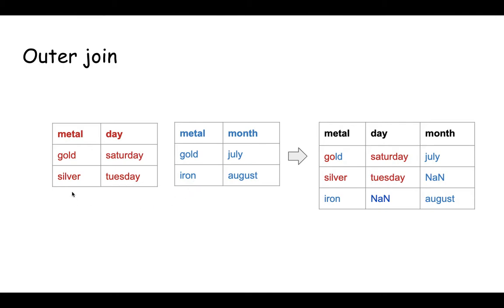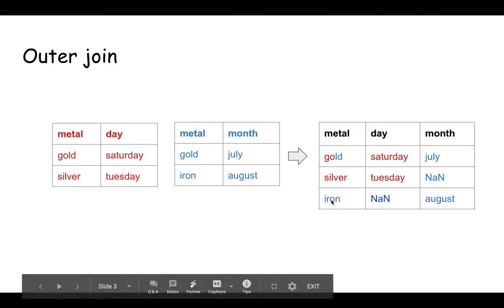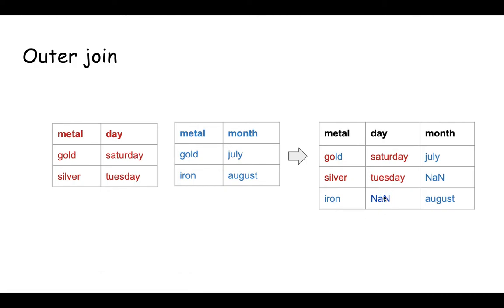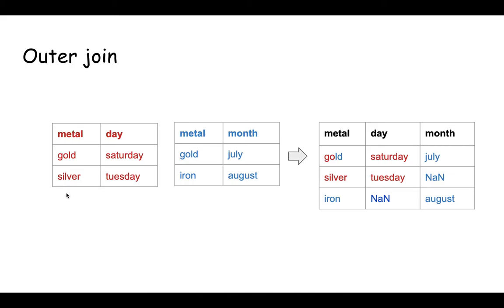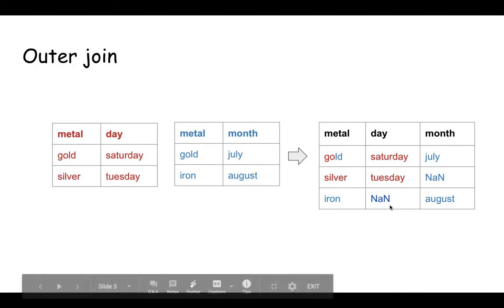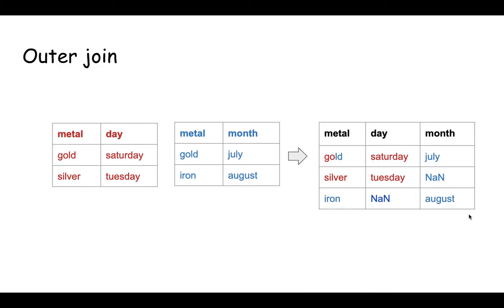However, iron is not present in the table on the left hand side, so we bring iron into the output, but for the day it's NaN because that metal is not there in the left table, and so there is no associated day value that we can put here. However, we do have the month for iron, so we put the month here, and that's the simplest way of looking at an outer join.